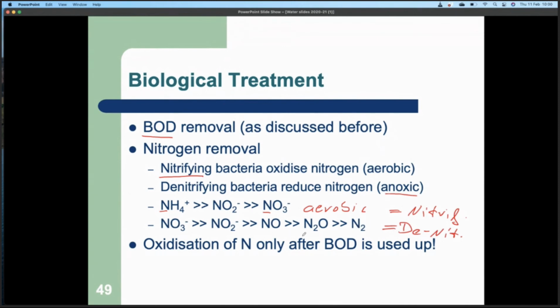So if you go fully down this route, then the dinitrogen will escape as a gas, and it will simply go back to the 70 or whatever percent that our atmosphere is made up of, nitrogen as a gas, molecular nitrogen. So this stuff is inert, doesn't have any fertilizer capacity, it's not toxic or anything.